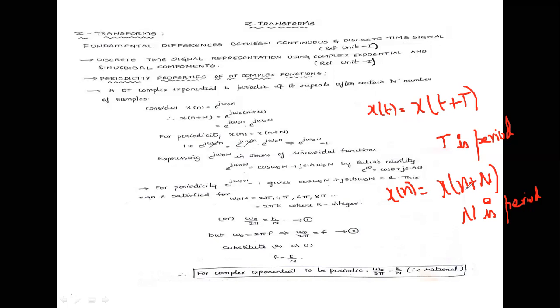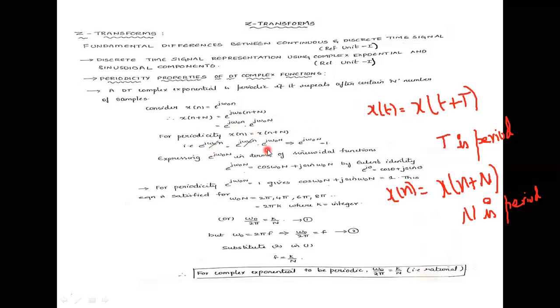Now I am changing n as n plus capital N. So x of n plus capital N is equal to e power j omega naught times n plus capital N. Now you can rewrite this exponential by splitting it into two parts: e power j omega naught small n, and e power j omega naught capital N. For periodicity, you have to satisfy the condition x of n is equal to x of n plus N.